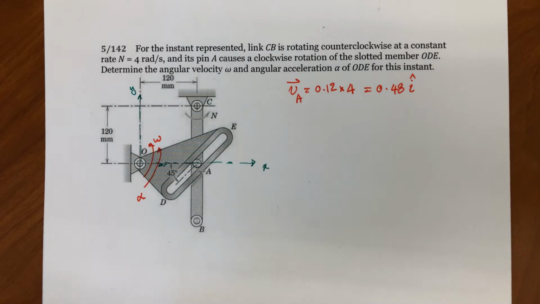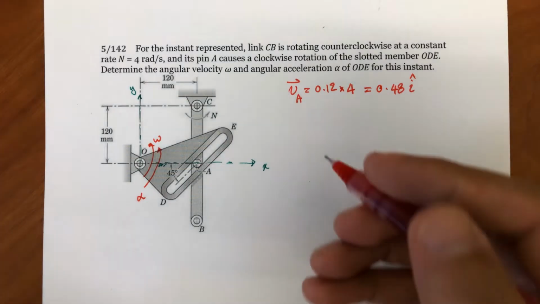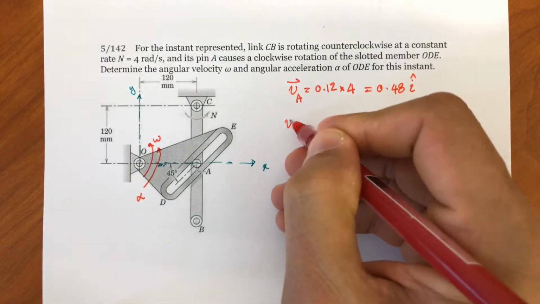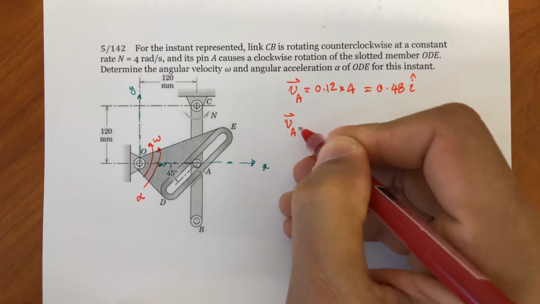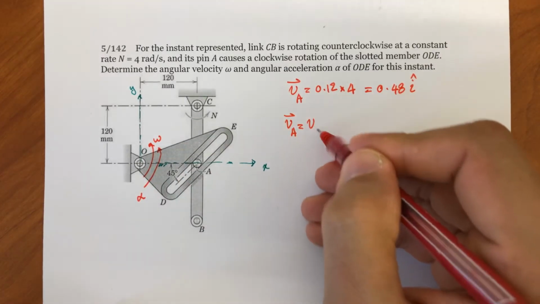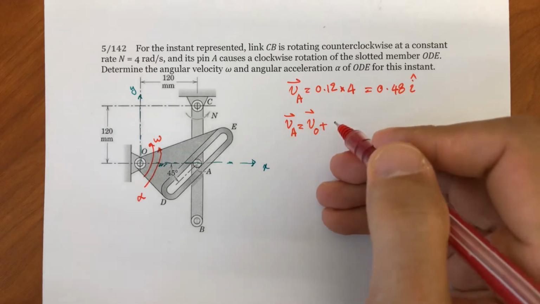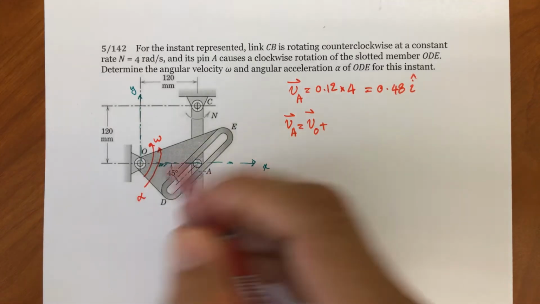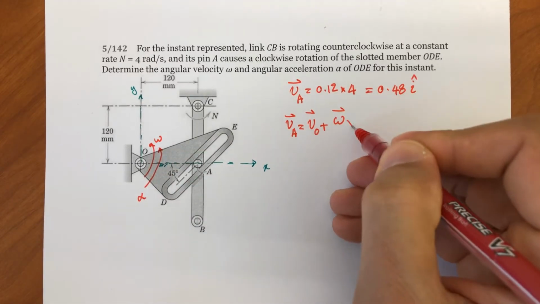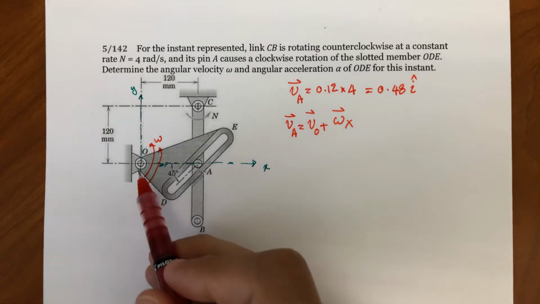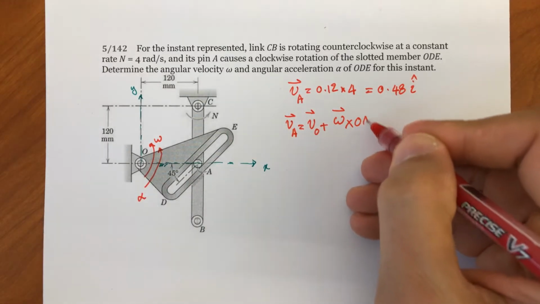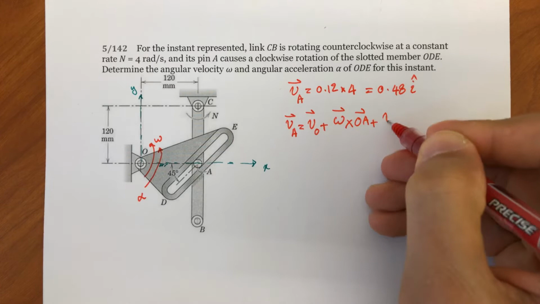From the other side, velocity of A is equal to velocity of O plus omega of xy coordinate cross OA plus V rail.